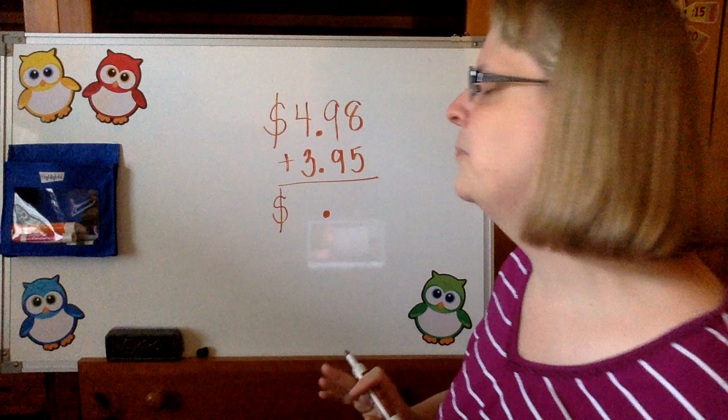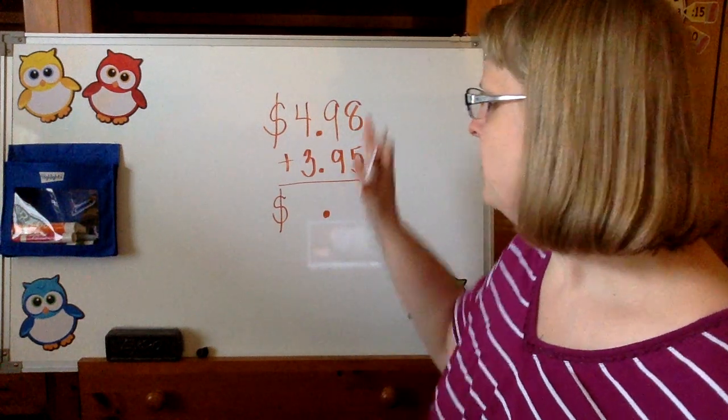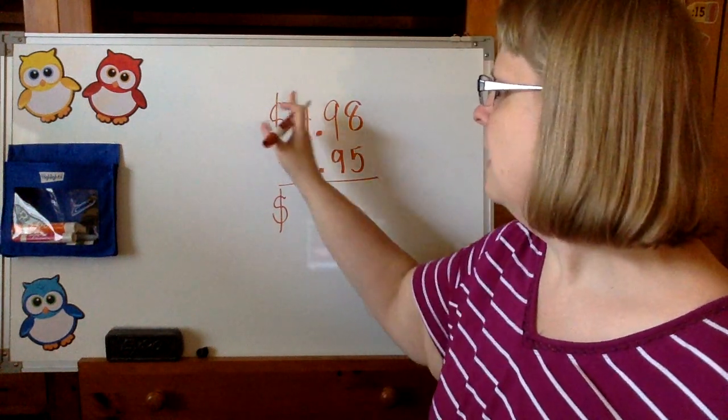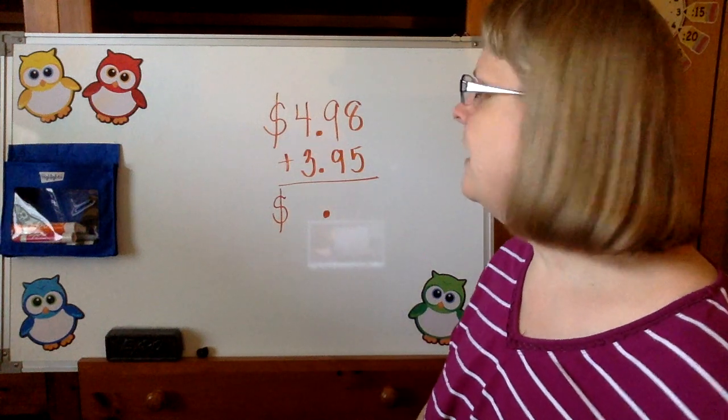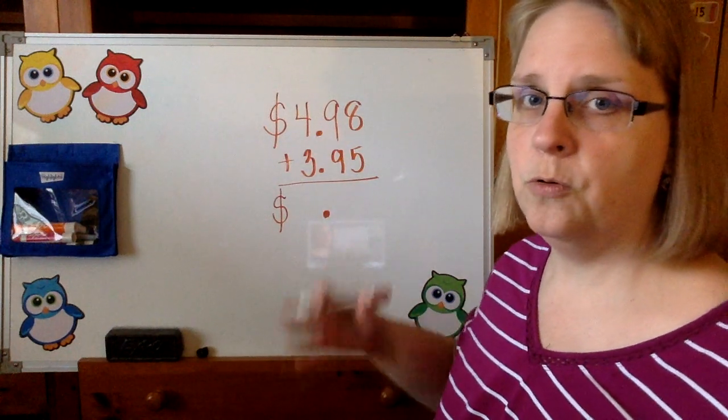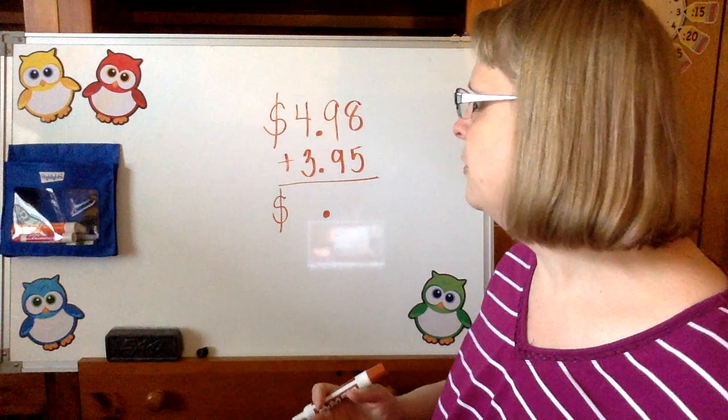Big difference there. So I brought down my decimal place, brought down my dollar sign, and now I can just go through and do the addition, or if it would be a subtraction problem, like normal.